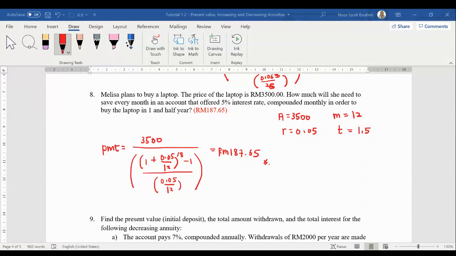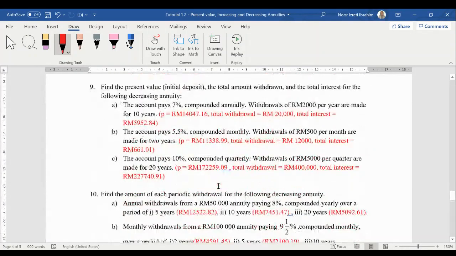No? All right. If no, then let us move on to the questions for decreasing annuities.